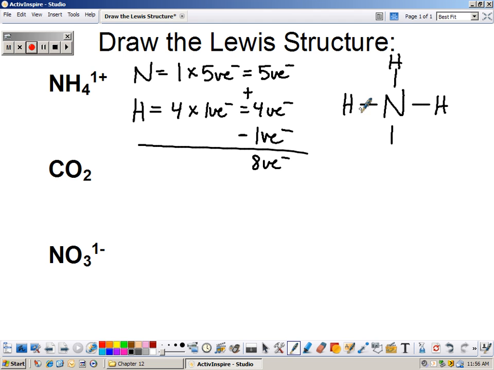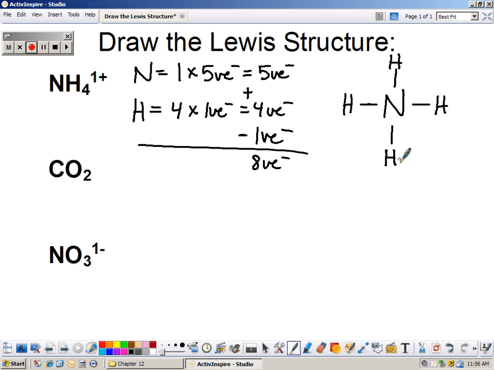and H. Okay, so remember, there are 2 rules you have to meet. This is just a simple Lewis structure that I'm showing you. You just have to make sure that you meet the octet rule, which means there has to be 8 electrons around each atom, except for hydrogen, because hydrogen follows the duet rule. Okay, so for nitrogen, are there 8 electrons around nitrogen?